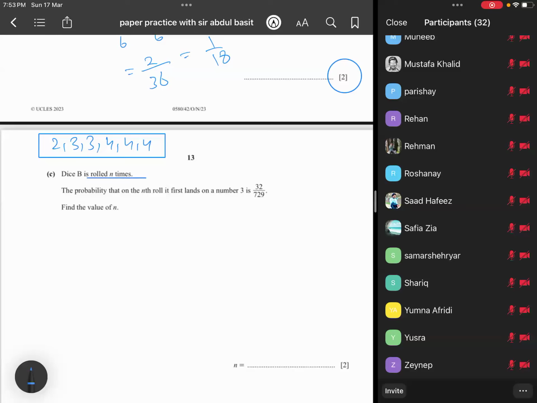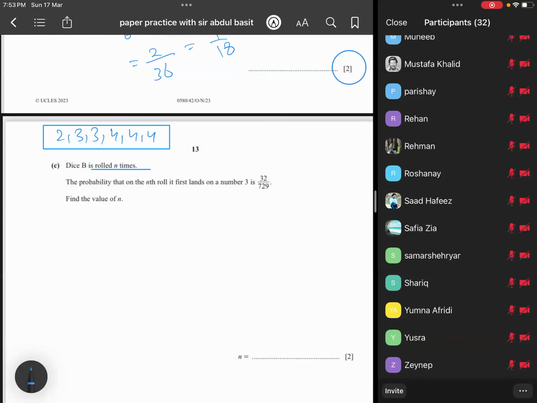Find the probability that on the nth roll it first lands on number 3. So it means that not 3, not 3, not 3. Is this clear? Yes or no? Yes, sir. तो मतलब शुरू में 3 नहीं आना चाहिए. Is this clear?